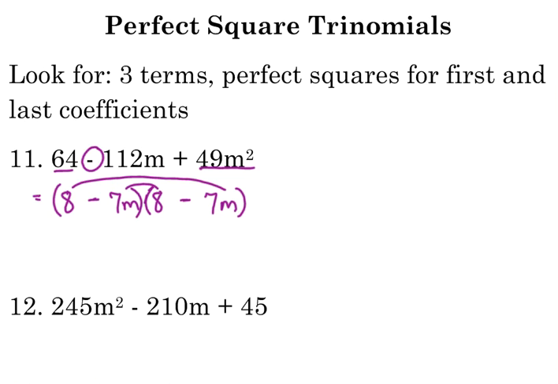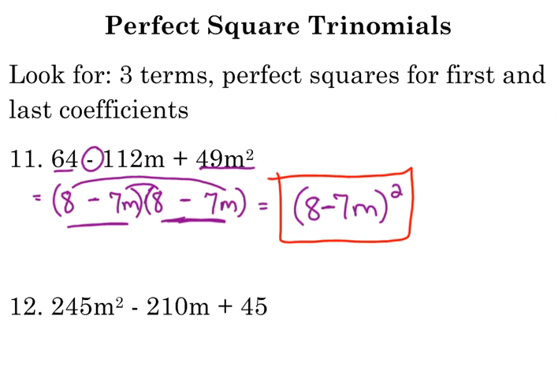Now, here's the deal with perfect square trinomials. Are these the exact same factor? Yes. So we have to write it like this: 8 minus 7m squared. That is your final answer. And yes, you have to write it with the squared.